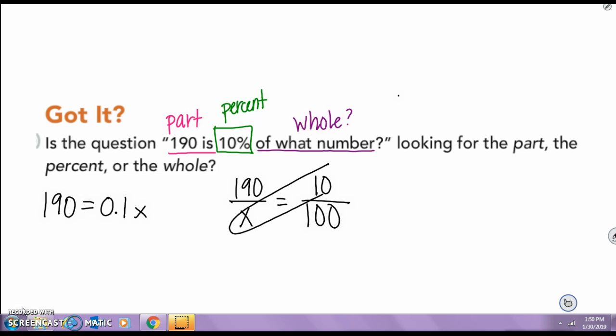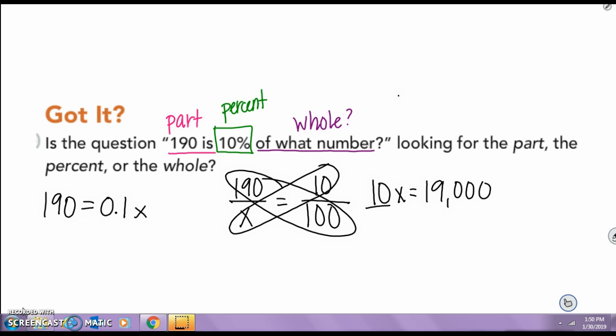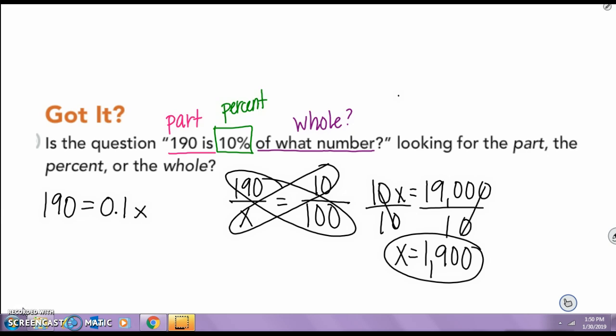We cross multiply. 10 times x is 10x. 190 times 100 is 19,000. We divide by 10, and x equals 1,900. So 190 is 10% of 1,900.